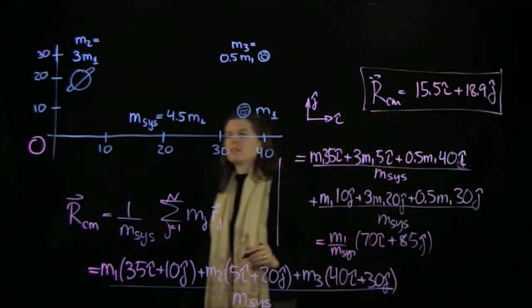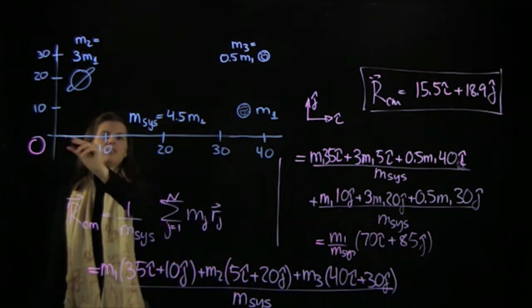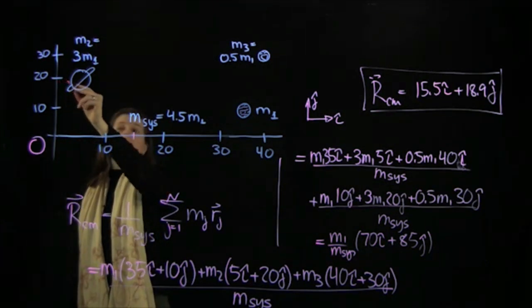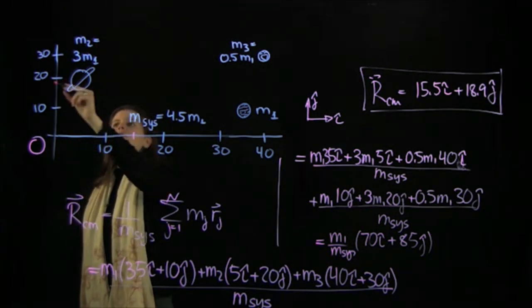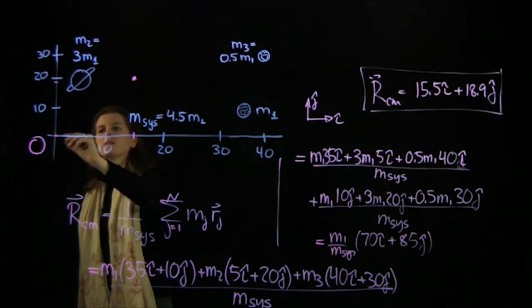All right, so let's see where this fits on our graph here. So 15 in the i hat is somewhere here, and 19 is almost 20, so it's going to be here. So about there.